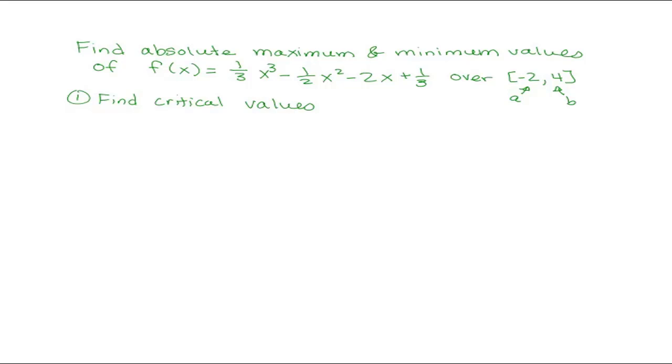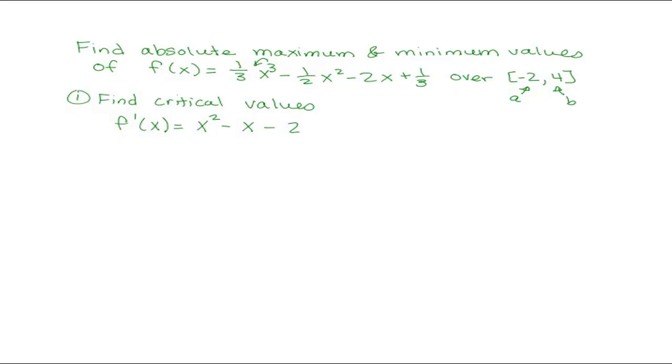But since this is a polynomial function, it's not going to be undefined anywhere, which makes this easier. I purposely picked a function that's easy to differentiate. So 1/3 x cubed, you bring the 3 down, and 1/3 times 3 is just 1, so this gives you x squared, minus 1/2 times 2x, which is x, minus 2, plus 0. So that's the first derivative.